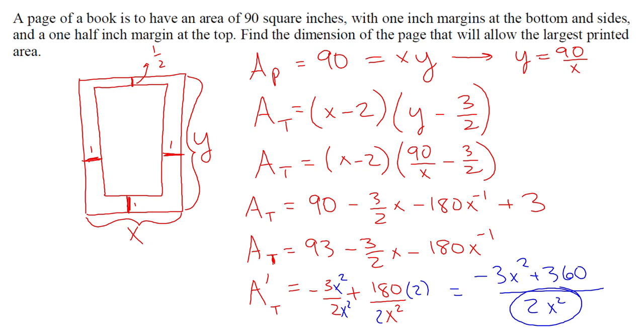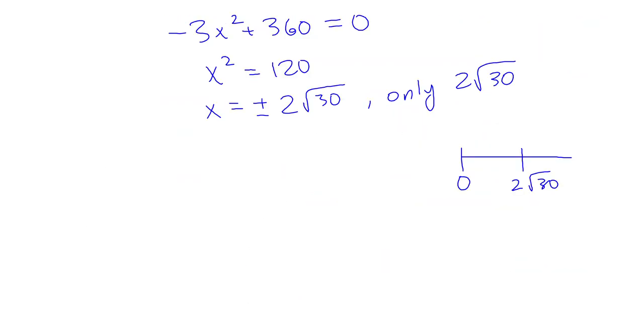But if I put in something small, like 1, that's going to make the derivative positive. So we're going from a positive to a negative derivative, which means that this area, A sub t, is going from increasing to decreasing, which means we are at a maximum when x is equal to 2 root 30 inches.